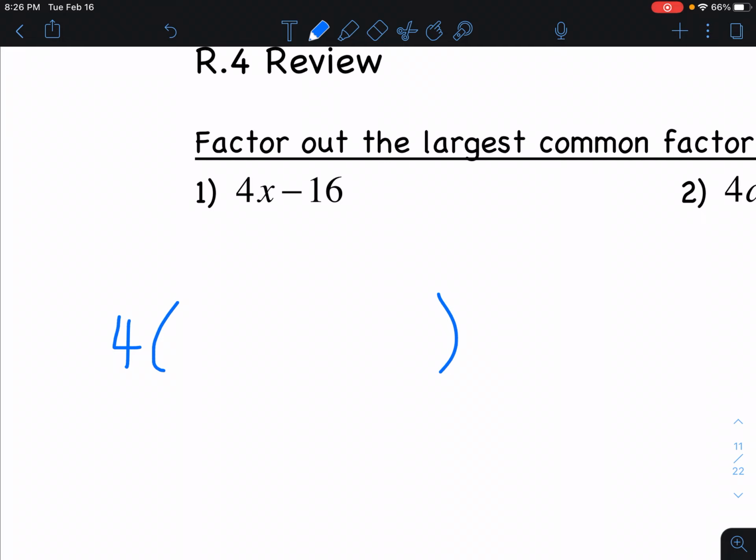Now, we put our GCF outside of one set of parentheses, and then we divide each term by our GCF. So here, 4x divided by 4 is x, minus 16 divided by 4 is 4, and that's it.